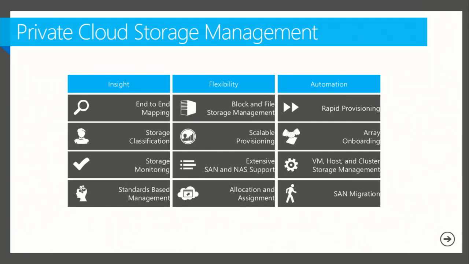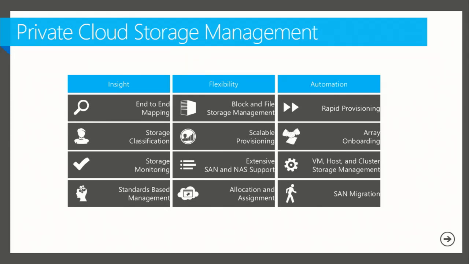From a storage classification perspective, we want to give you an easy way of deploying to gold, silver, bronze storage, depending on whatever SLA or performance guarantee you have with your storage admins. You can classify your pools inside of VMM as gold, silver, and bronze, and especially for cloud users, they don't need to know which array or which LUN.